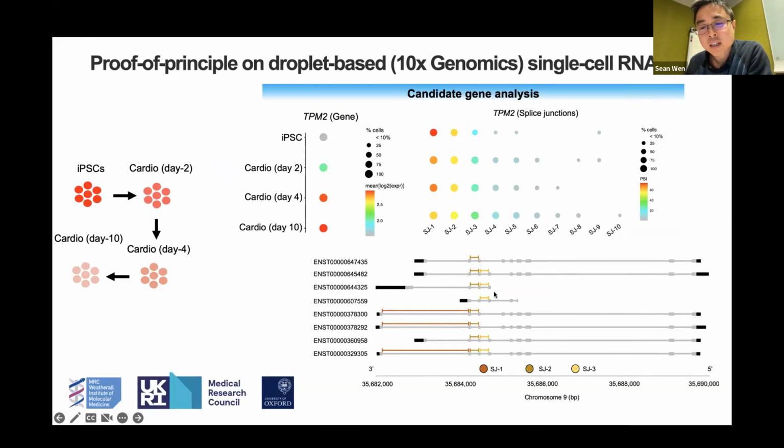Because of the inherent bias in droplet-based data, you can see that we are only powered to analyze splice junctions that are towards the 3' end over here. So you can see that the most highly expressed junctions for this gene, TPM2, are splice junctions 1, 2, and 3. And coincidentally, they're all located at the 3' end over here. There may be some genes that are more highly expressed, and probably some splice junctions were detected in the middle. If they were detected, we will analyze them. If not detected, then we just can't analyze it. And that's just the limitation of the library prep system.